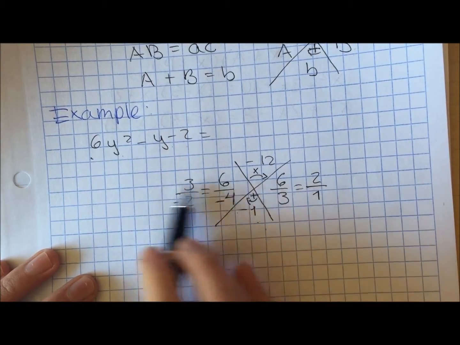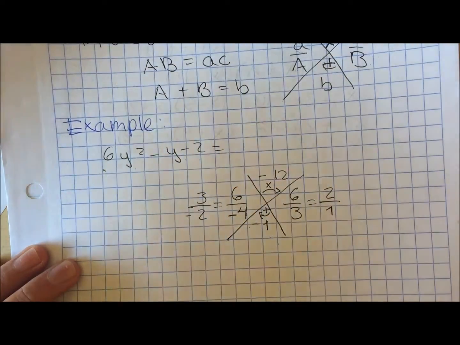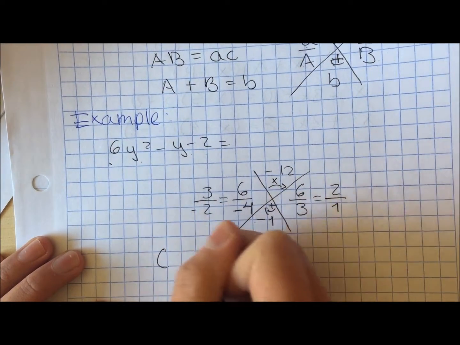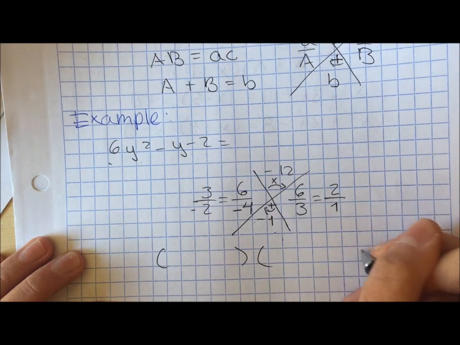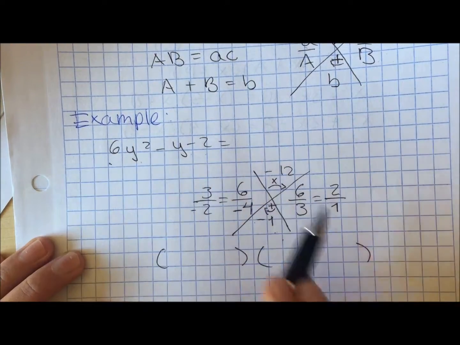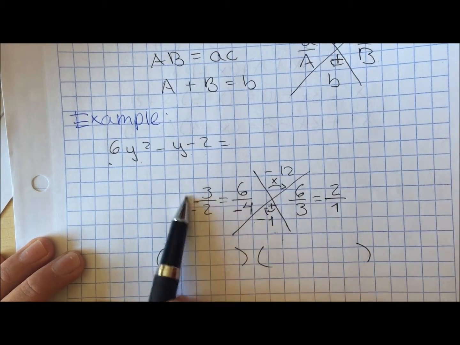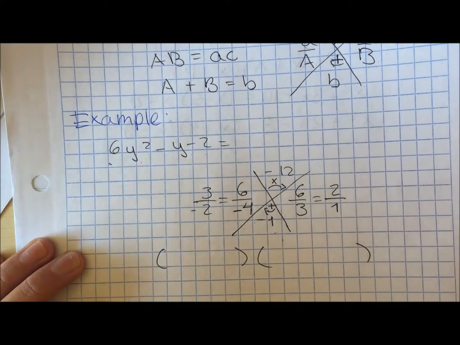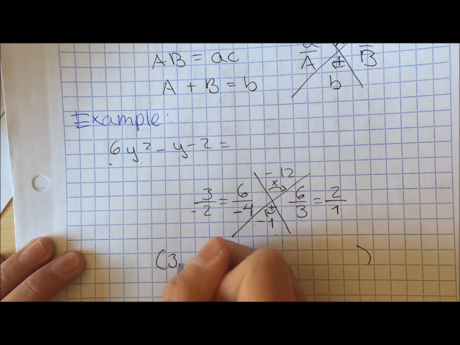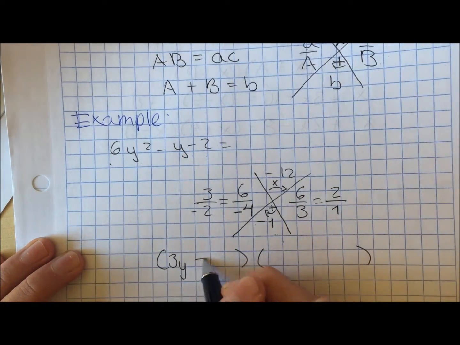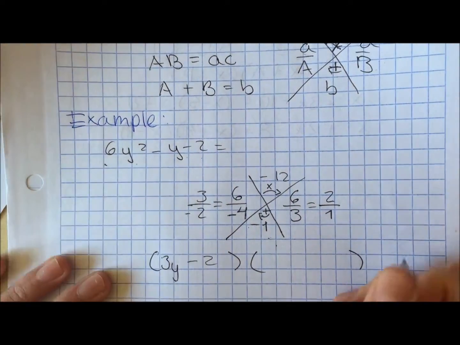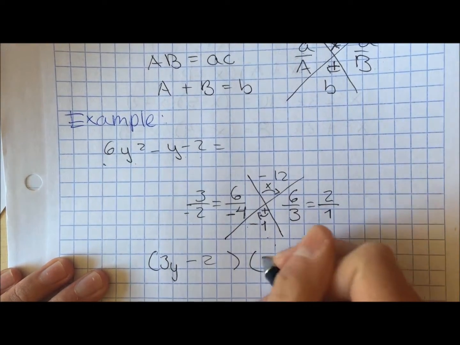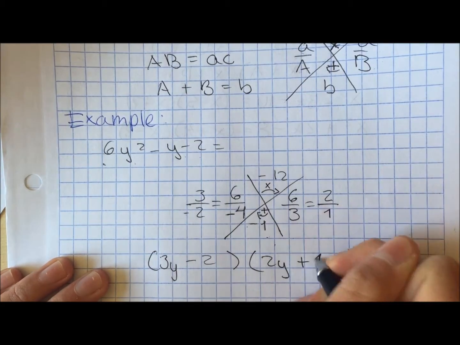With this, we can get the two parentheses we need to factor this trinomial. As simple as this: the number above the minus 2 gets the y, so we write 3y minus 2. And over here it's the same: 2y plus 1.